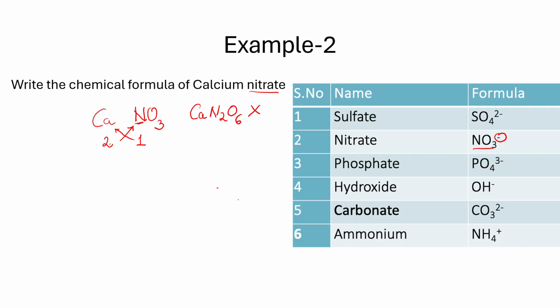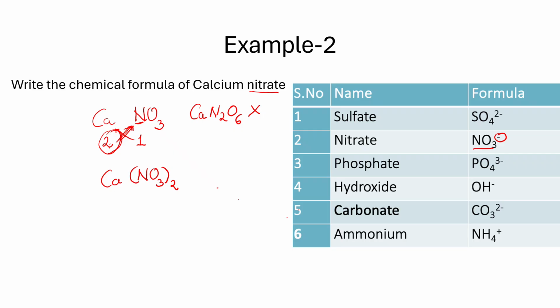In the context of polyatomic ions, if we multiply a polyatomic ion by a factor which is greater than 1, then we have to put the entire polyatomic ion, so in this case NO3, within a parenthesis and then put the 2, which in this case was to be cross multiplied, as the subscript.